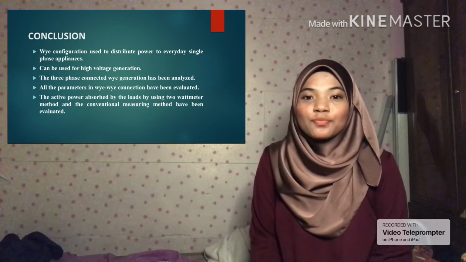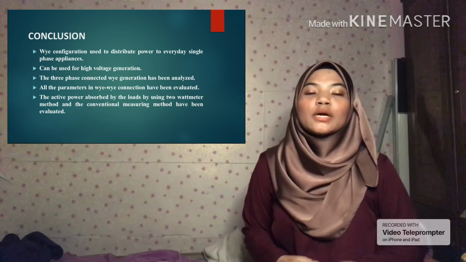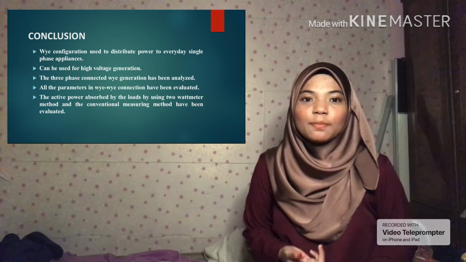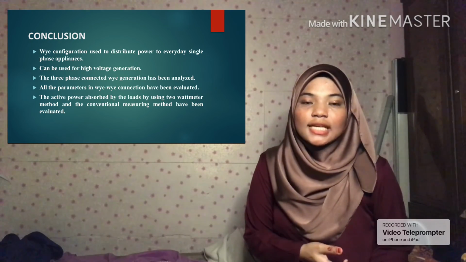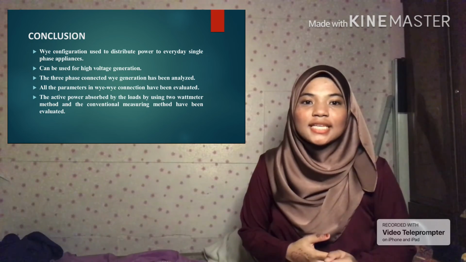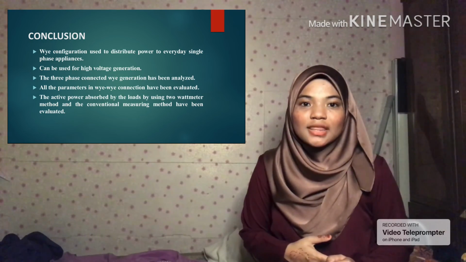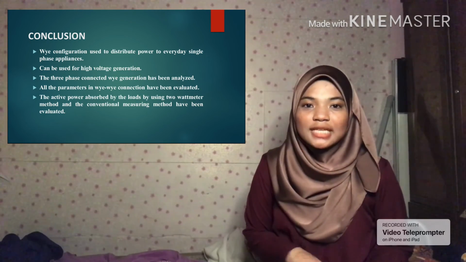In the last part of the presentation, which is conclusion. To sum up, Y configuration is used to distribute power to everyday single-phase appliances found in homes and offices. Since the insulation is decided by phase voltage, for Y connection it is 0.577 times line voltage. For delta connection, phase voltage and line voltage are equal.